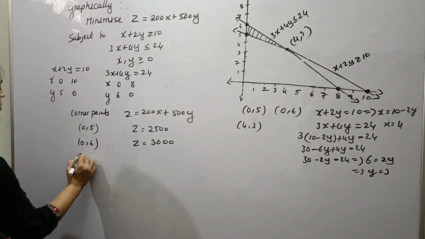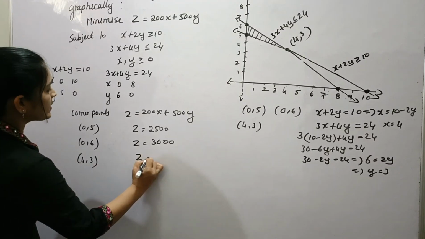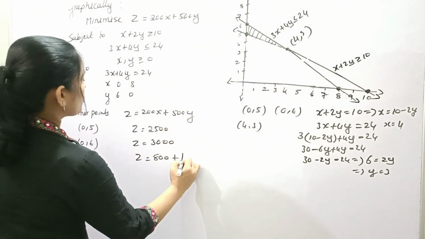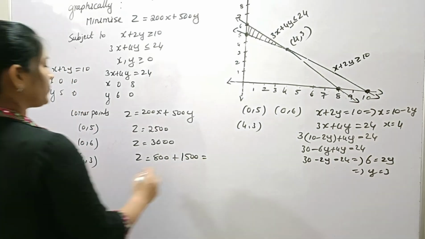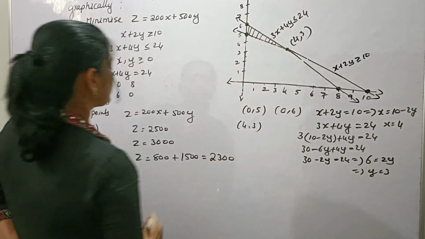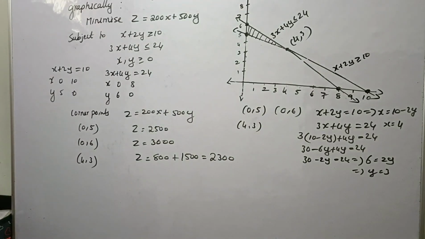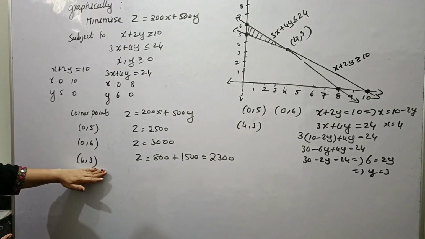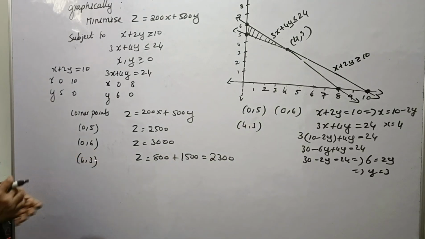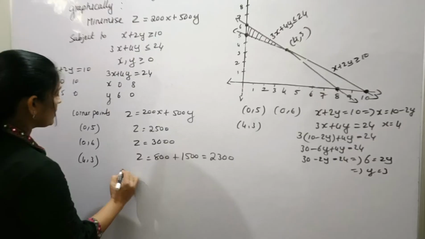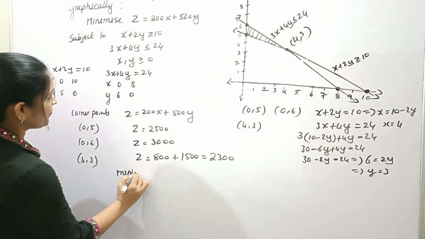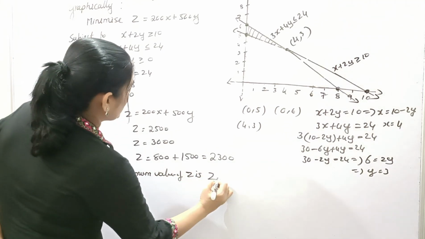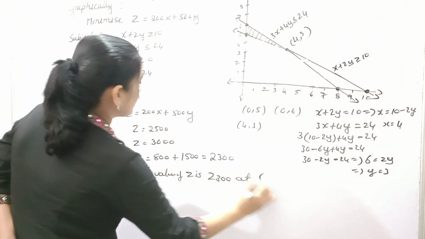Next, at the point 4, 3 z is equal to 200 into 4, 800 plus 1500, that is equal to 2300. Okay. So which is minimum? The minimum value of z is 2300. At which point? At 4, 3. Right? Therefore, here we can say minimum value of z is 2300 at 4, 3.